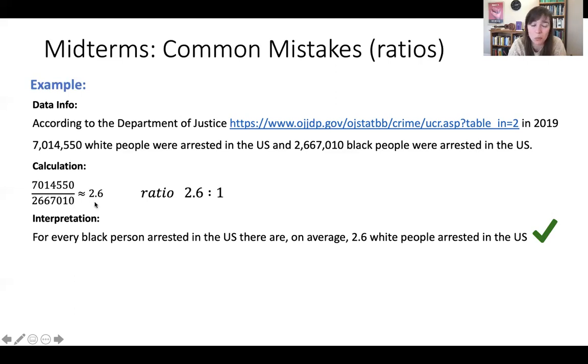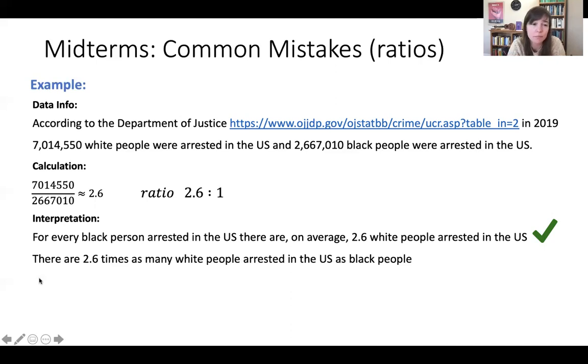The ratio of 2.6 to 1 is the ratio of white people arrested to Black people arrested. For every one Black person arrested, about 2.6 white people are arrested. True.